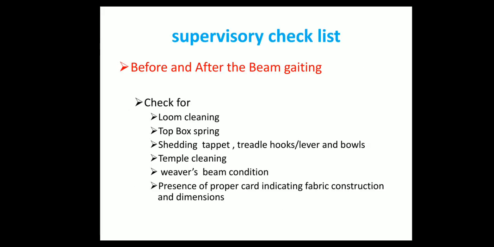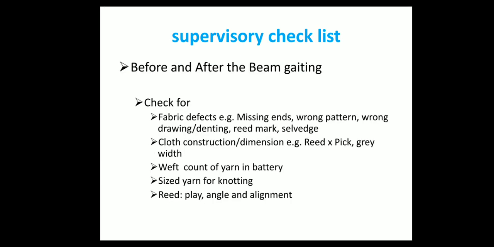Supervisory checklist. Before and after the beam gating, check for loom cleaning, top box spring, shedding tappet, treadle hooks, lever and bolts, temple cleaning, weaver's beam conditions, presence of proper cord indicating fabric construction and dimensions.